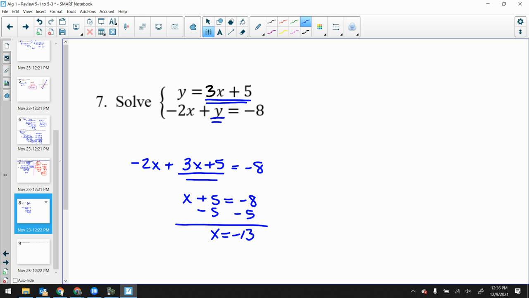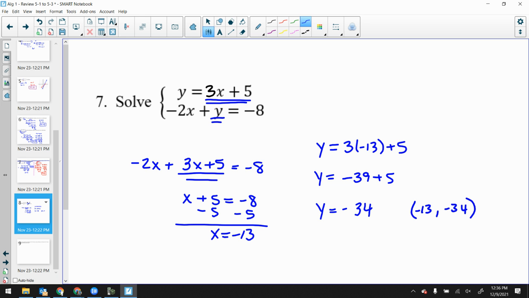Plug it back in. 3 times negative 13 plus 5. Oh, that's negative 39 plus 5. So negative 34. So negative 13 comma negative 34. Again, don't be afraid of big numbers. Be afraid of decimals. Don't be afraid of big numbers.